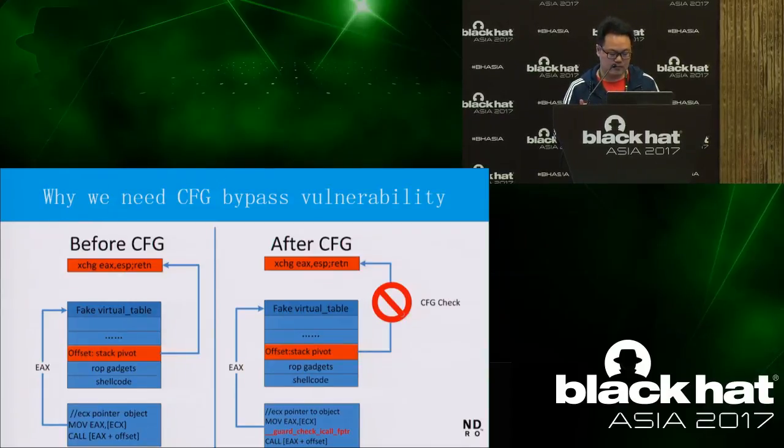Then it will prevent our shellcode from running. Even if you have an arbitrary read-write vulnerability, you also need to find a vulnerability to bypass CFG to execute your shellcode. So a CFG bypass vulnerability is very important to your exploit.